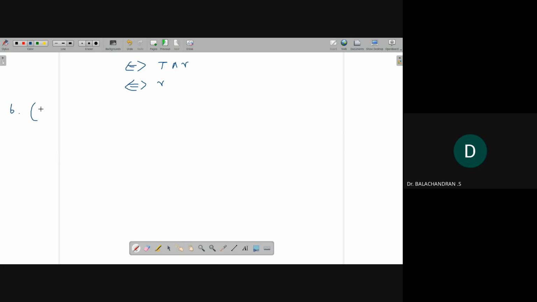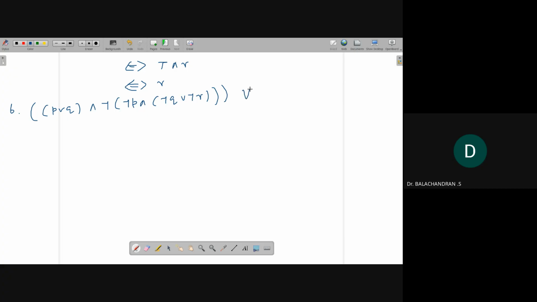So (P or Q), (P or Q) and negation of (negation P and negation Q or negation R), close the bracket, close this bracket also, close this bracket also.